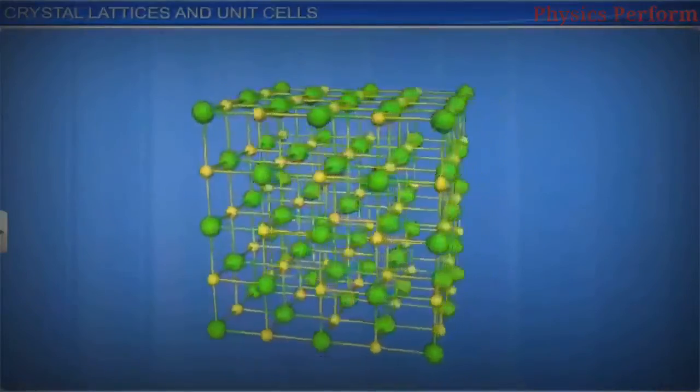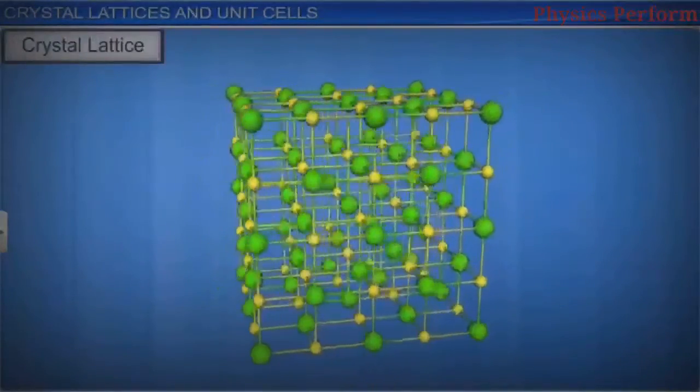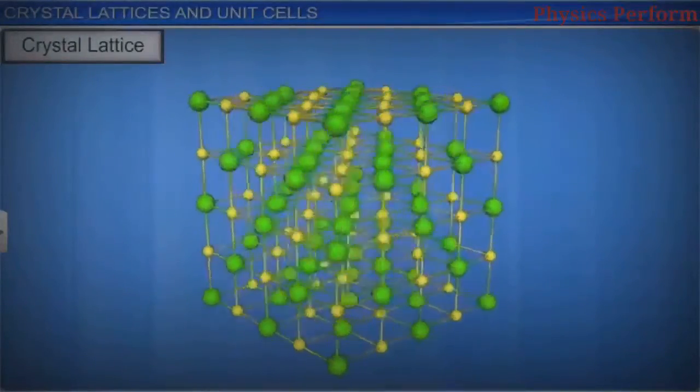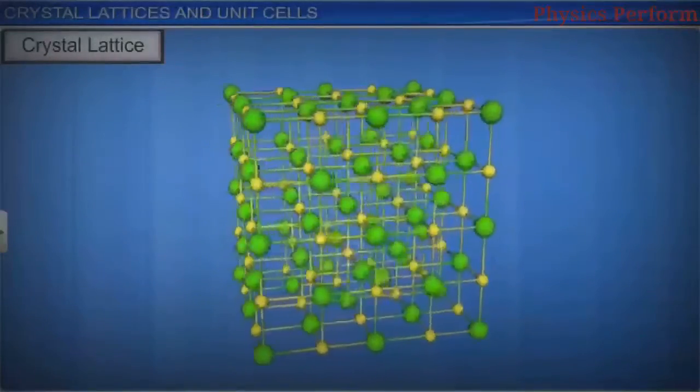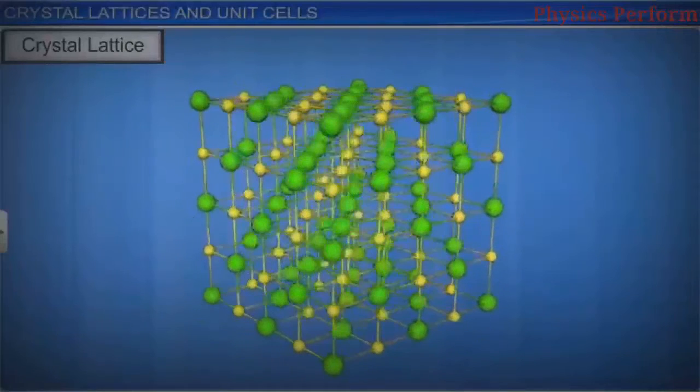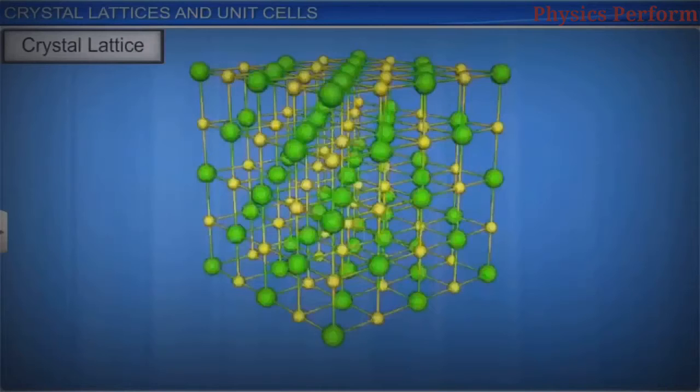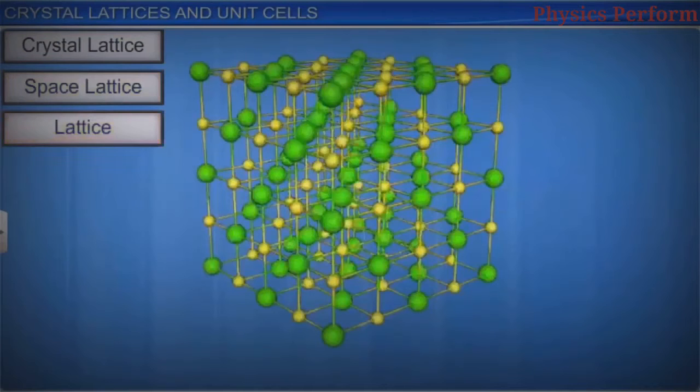Thus, a crystal lattice is a regular arrangement of the constituent atoms, ions, or molecules in 3-dimensional space. Sometimes, a crystal lattice is also called a space lattice or simply a lattice.